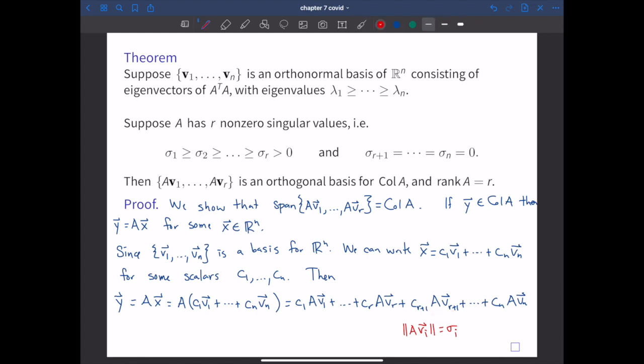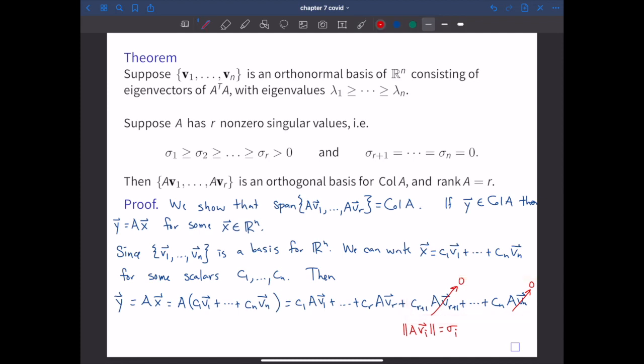Therefore, this vector here has to be equal to 0. We can do the same thing with the next vector and the next vector, all the way up to this vector here: the length of the vector A times vn is just equal to the nth singular value, but again we were assuming that's equal to 0. Therefore this vector has to be equal to 0. So every vector that shows up in this line after the rth one has to be equal to 0.